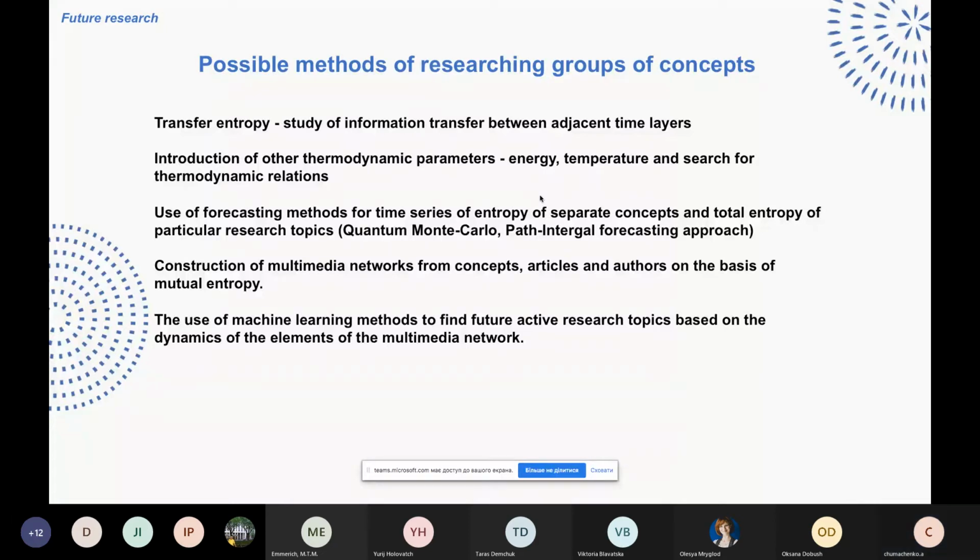There are some algorithms which already show good quality in text construction, in some very meaningful text constructions. And if we have, for example, a big set of concepts which are related to a hot topic, we can ask this algorithm to build and write something new, combining these topics. Maybe that would be an interesting thing to learn what would be there.